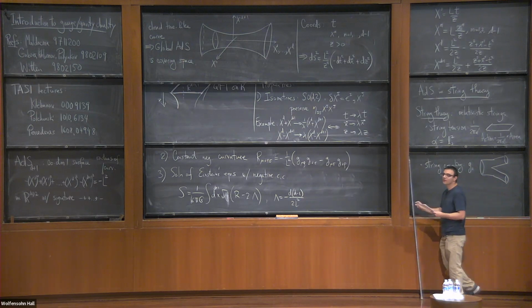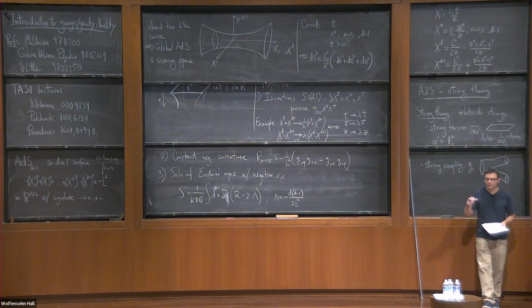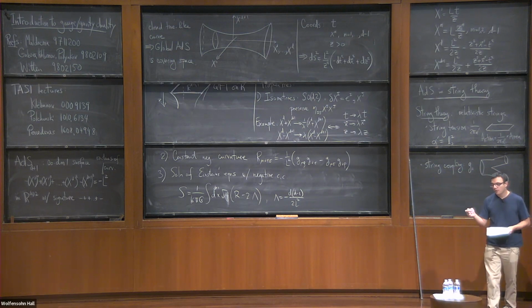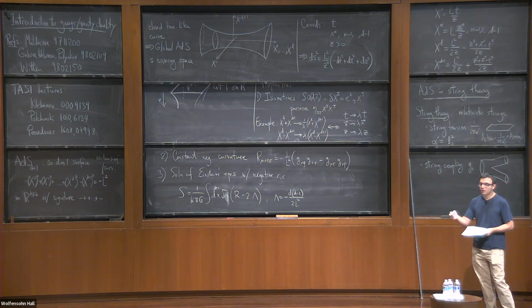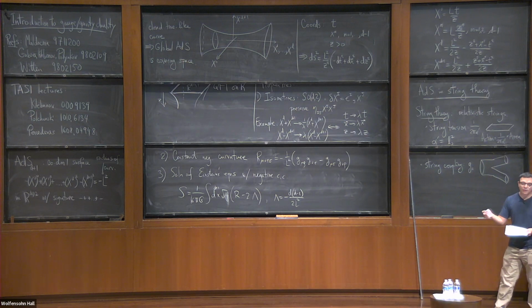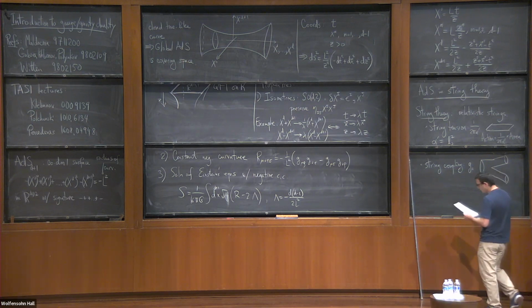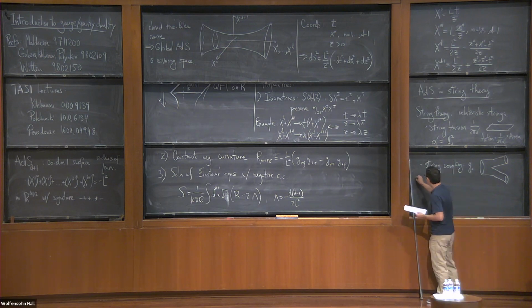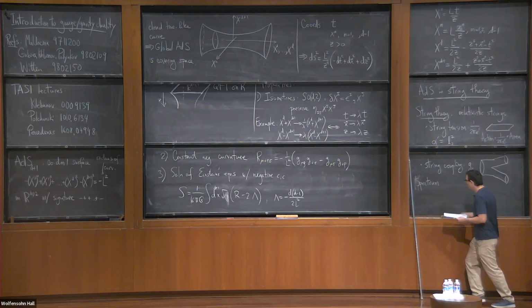The strings move in space-time, and there's a quantum theory. We can quantize them. For the lowest few modes, the strings are very small, so they look like particles. So one can ask, what is the spectrum of particles? The excitation spectrum of closed strings.